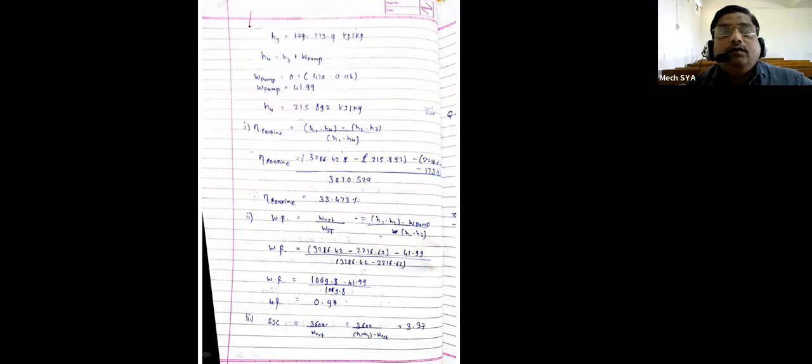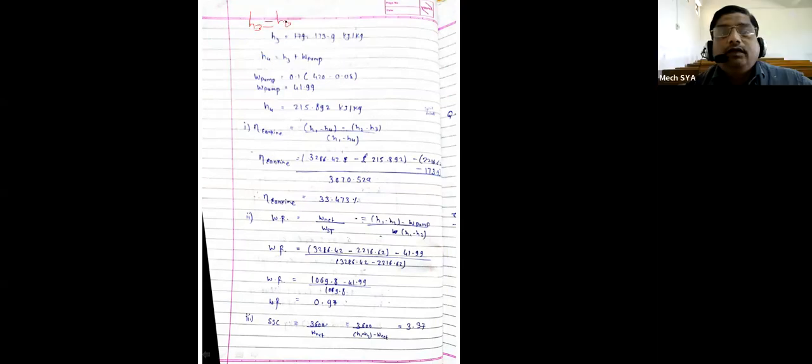You can write systematically so that you can understand; in a numerical examination you can write shortly, but here H3 is equal to HF at 0.08 bar, already calculated in the calculation of H2.